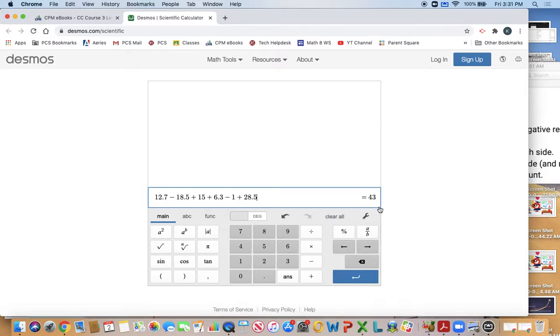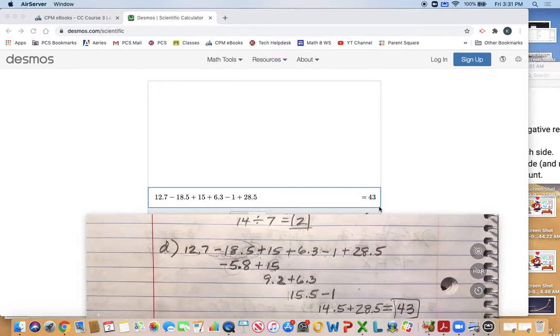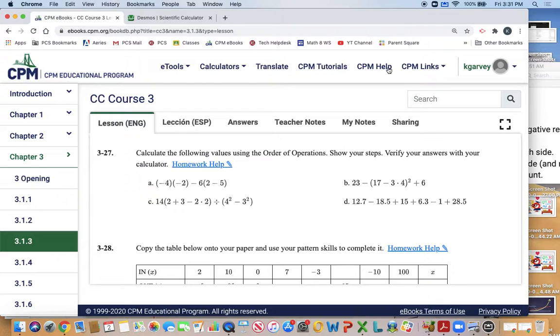Okay, and that is equal to 43, which is exactly what we had in our paper. Okay, so we're done with that problem D.